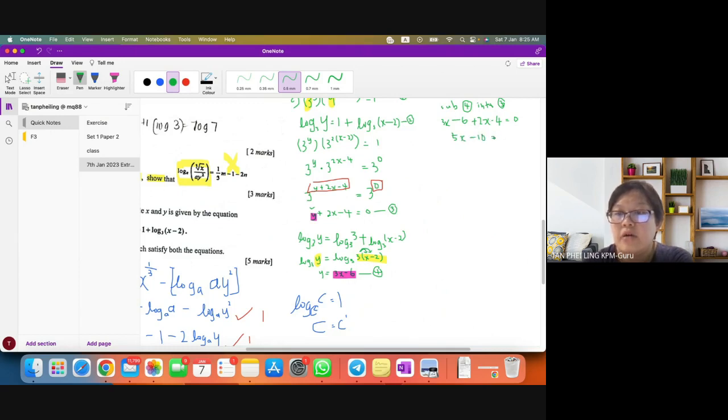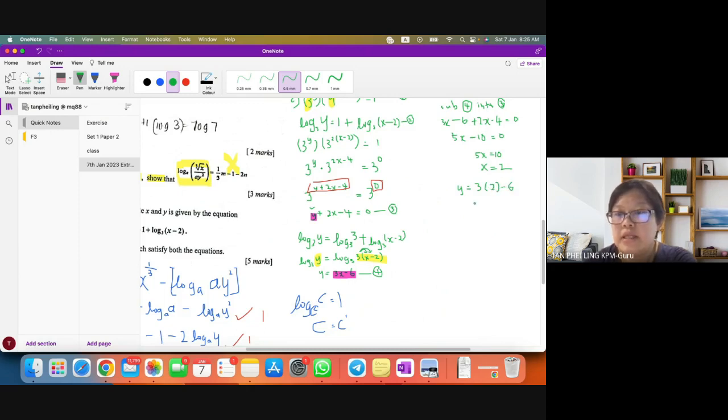Now we are almost there. You can see, right? 5x equals 10, and then you will have x equals 10 divided by 5. We have 2, and we are not done yet because we haven't found y. So y will be equals to 3 times 2, and then minus 6.